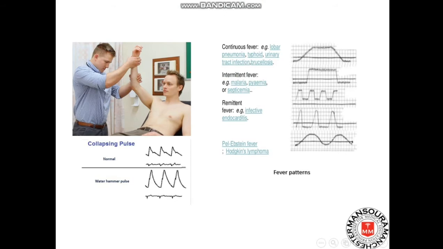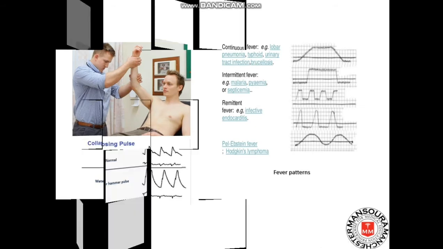Remittent fever fluctuates between afebrile and febrile. Relapsing fever, the Pel-Ebstein fever, is characteristic of Hodgkin lymphoma, with days febrile and days afebrile.